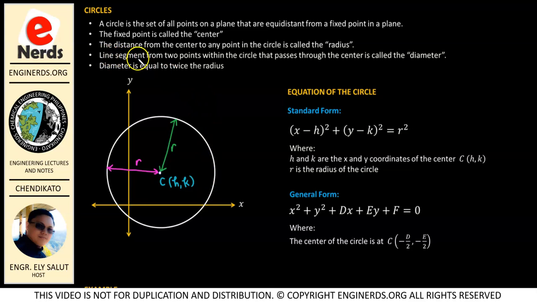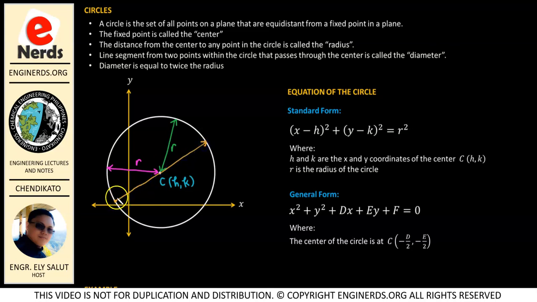Now, the line segment from 2 points within the circle that passes through the center is called a diameter. That means if we have 2 points within the circle, na kapag kinonect natin ay dadaan dito sa ating center, that line segment is what we call a diameter. Let's say I have this point and I have this point. Kapag kinonect natin sila, dadaan siya sa ating center.